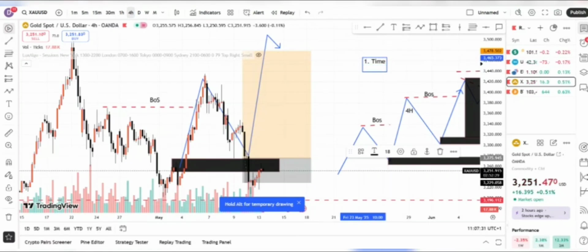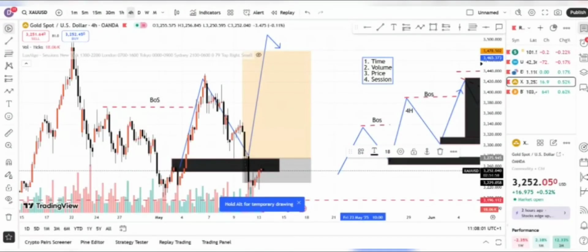Number two is volume, because time will always bring volume. Number three is what? Price. Then four will be sessions.